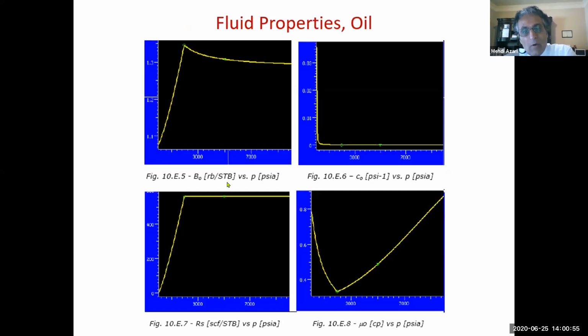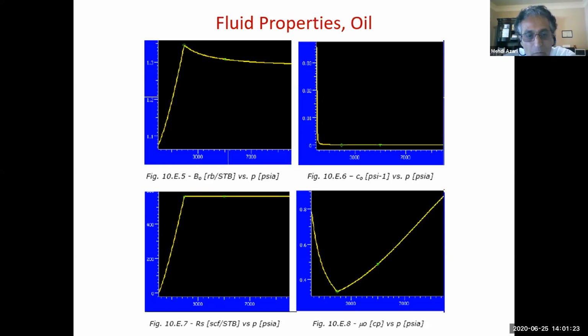Now, this is a typical property that is just calculated from software. I'm going to show you the software at the end. So this is BO, remember, goes to the bubble point, and then from that point it's going to decline, because this part is liquid and this one is two-phase. The compressibility of the oil is going to be high at low pressure, and it's going to decrease. And the amount of gas in solution, which is RS, this is the bubble point.